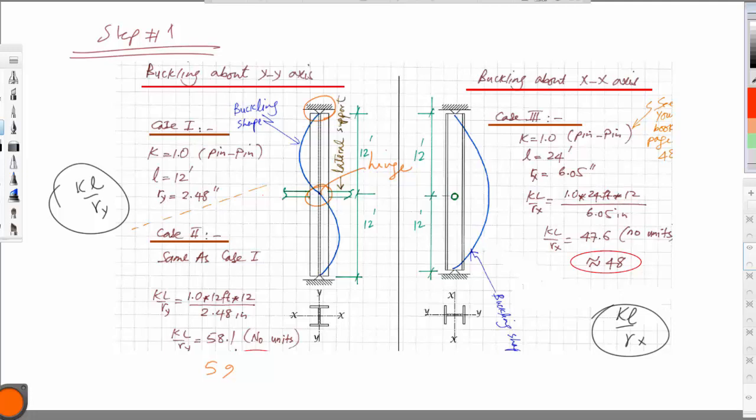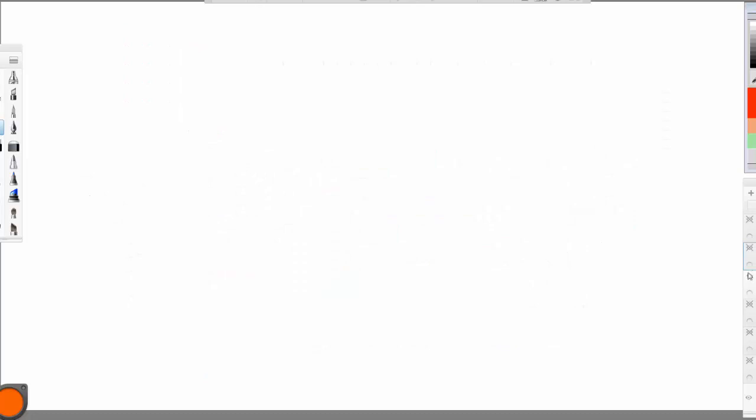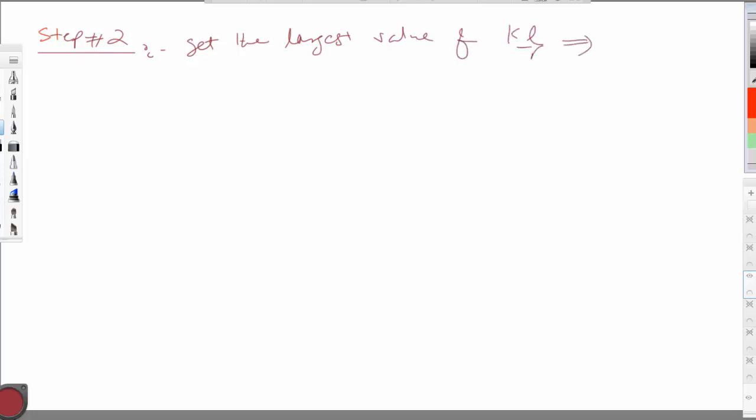So that was step number 1. Step number 2 is always to get the largest value of KL over R, which in this case is equal to 59.